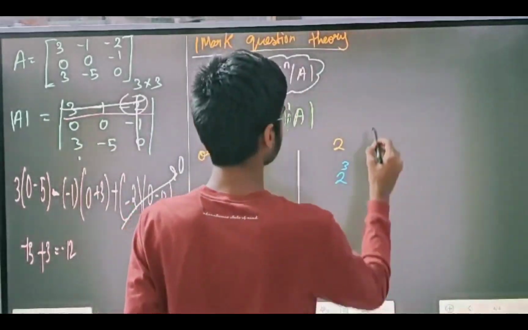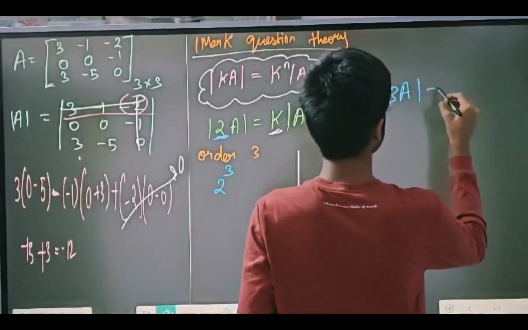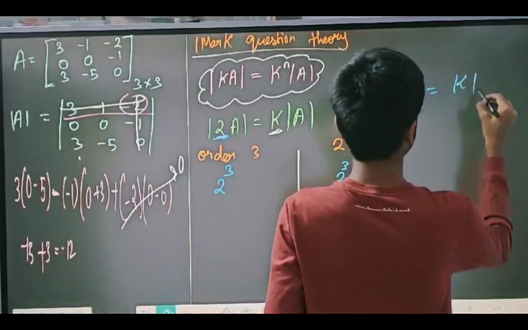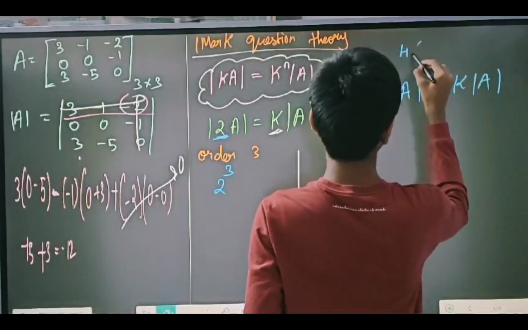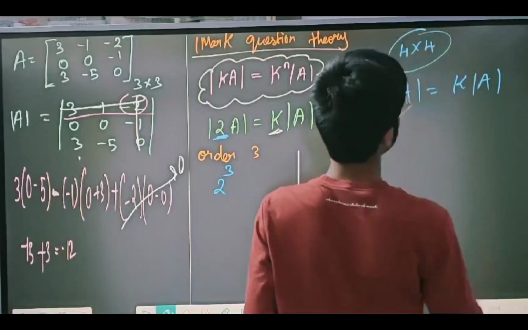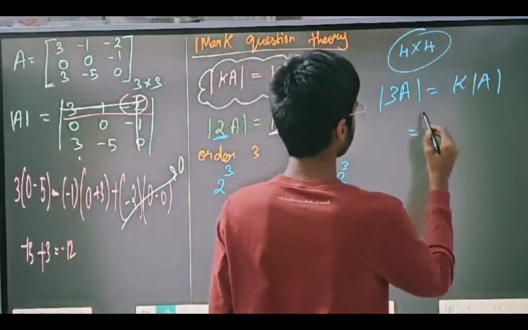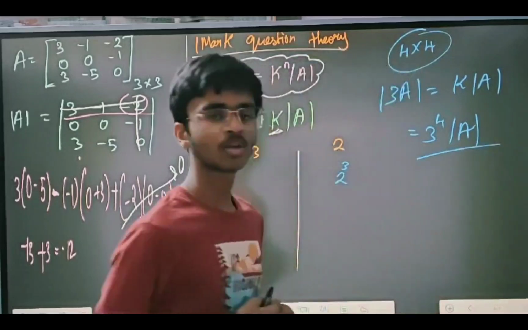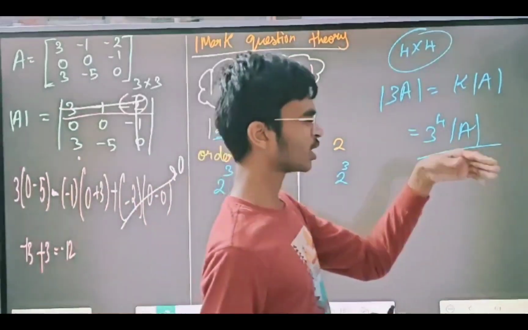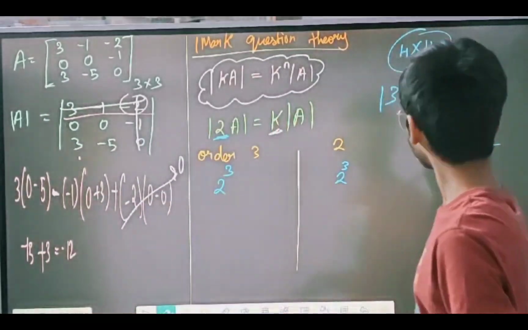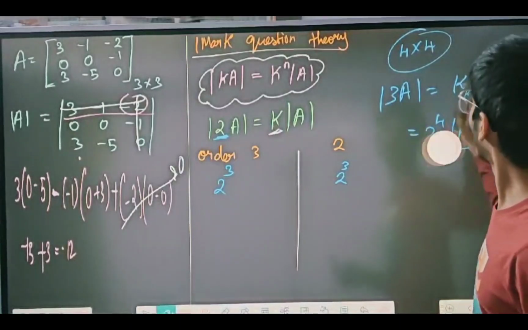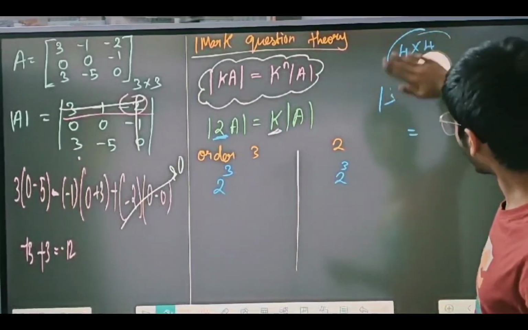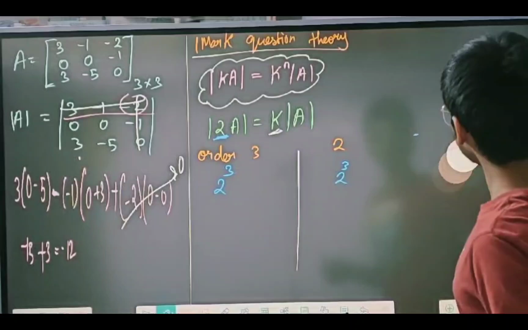If they have given modulus of 3A is equal to k times determinant of A, and the order is 4, 4 into 4, then you are going to write it as 3 to the power of 4 into determinant of A. So this is what this property is. Very, very important, easy, time saving theory.